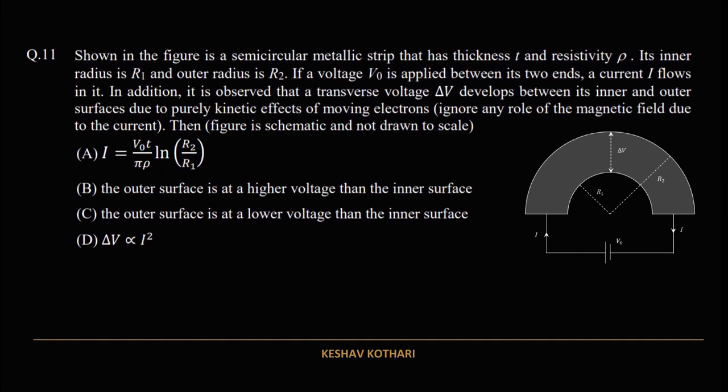So if we consider this problem, I am first of all drawing it in a different way, so as to make you understand what the loop is exactly looking like. It has a thickness T, so in order to portray its thickness, I am drawing it in this way.